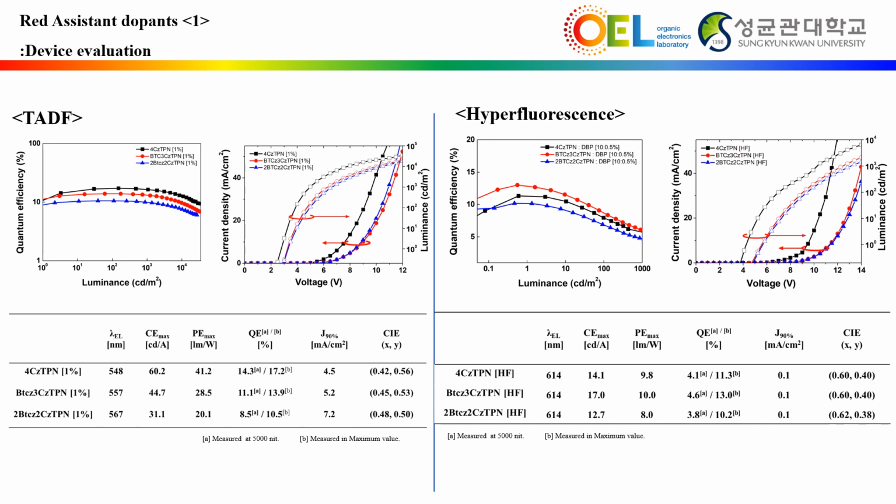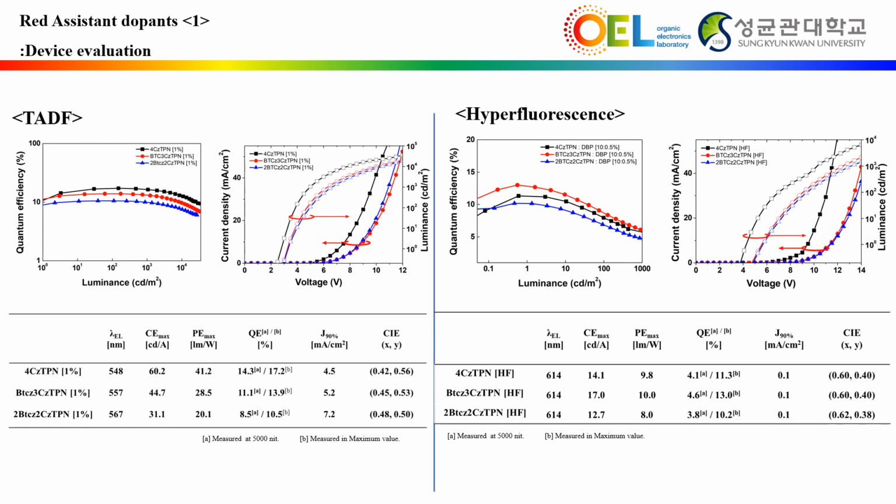As a result of the TADF single device evaluation, both molecular structures showed excellent roll-off compared to 4CZ-TPN. In particular, in the case of 2BTCZ-3CZ-TPN, there is almost no roll-off, and a very fast RISC rate can be expected.